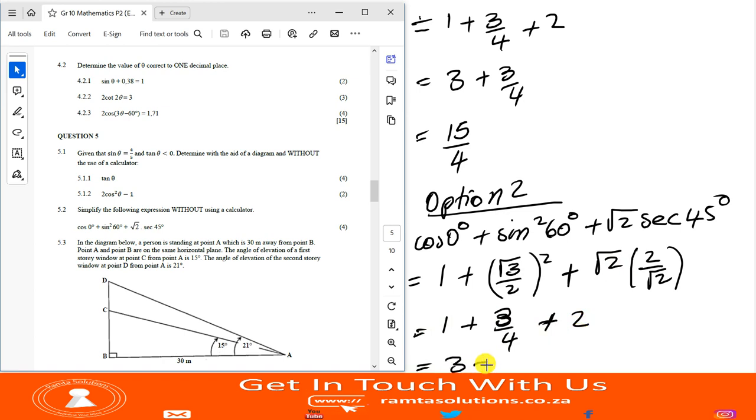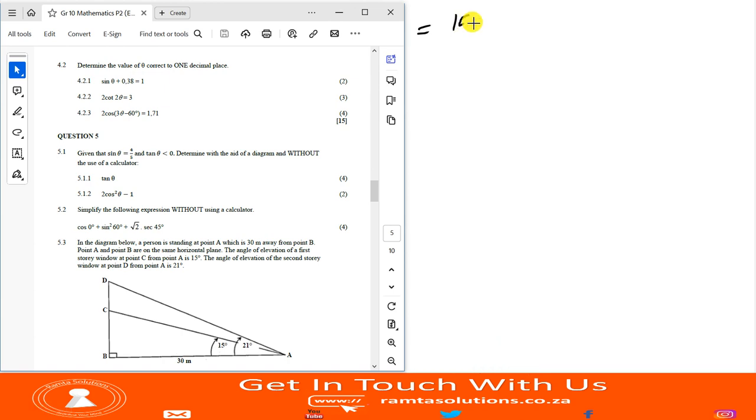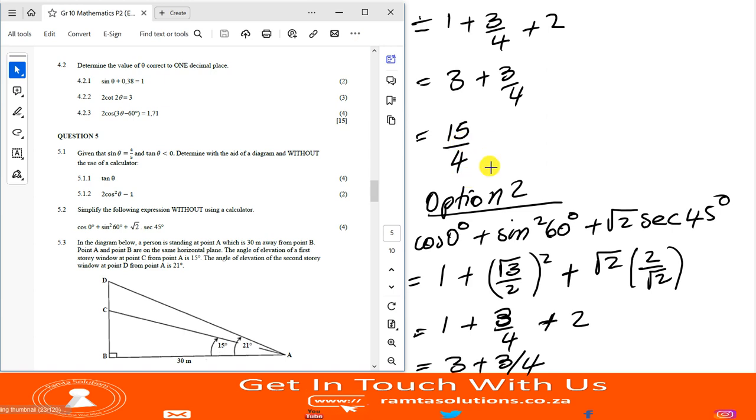Hence, you have 3 plus 3 over 4, and this therefore becomes 15 over 4. You can do it like that, and you will be doing yourself some justice.